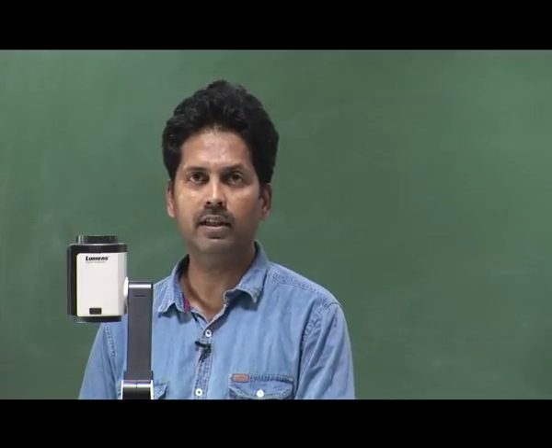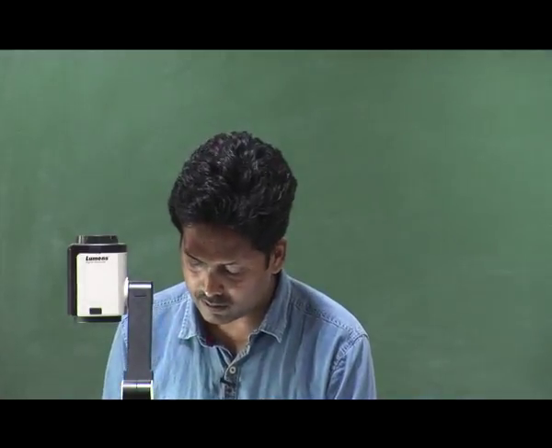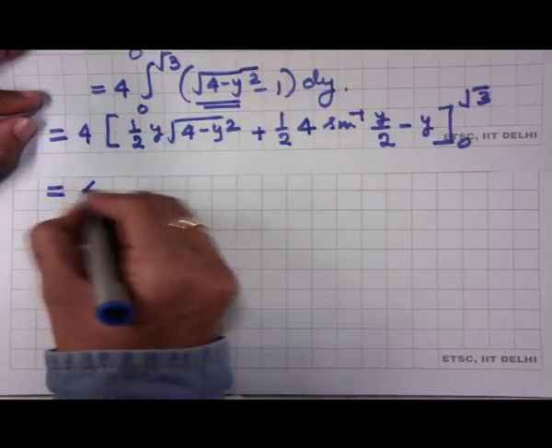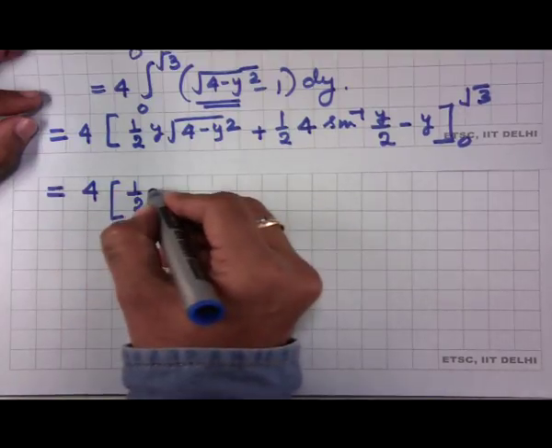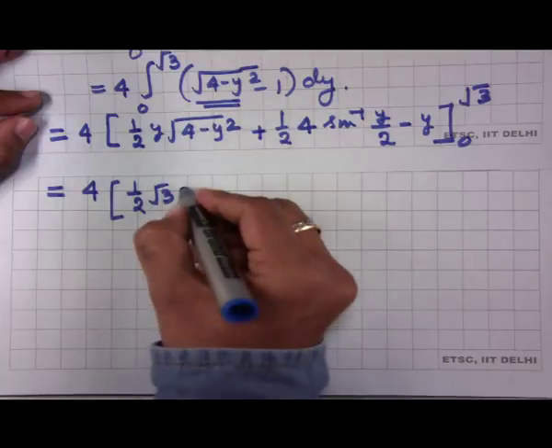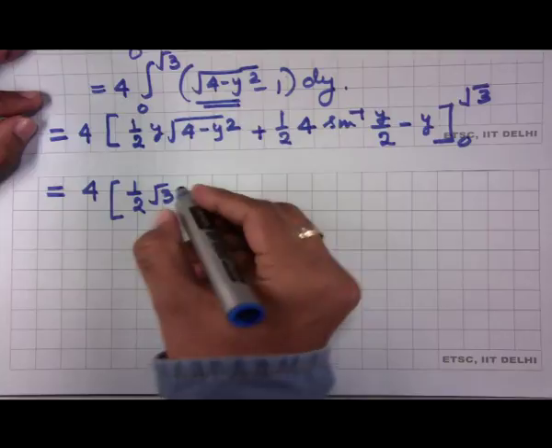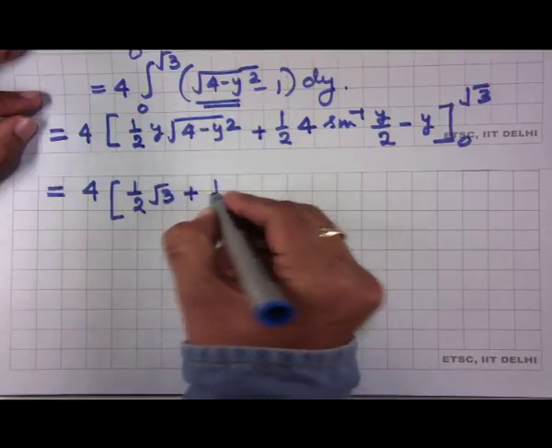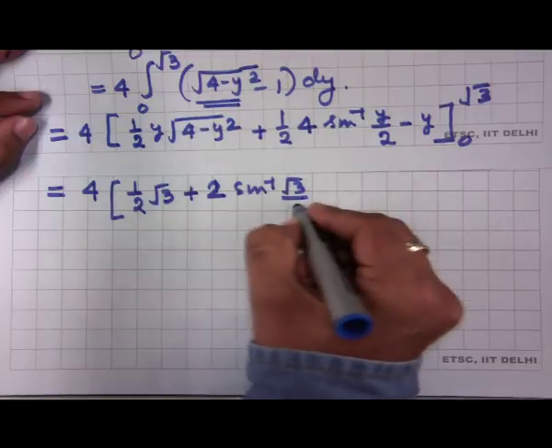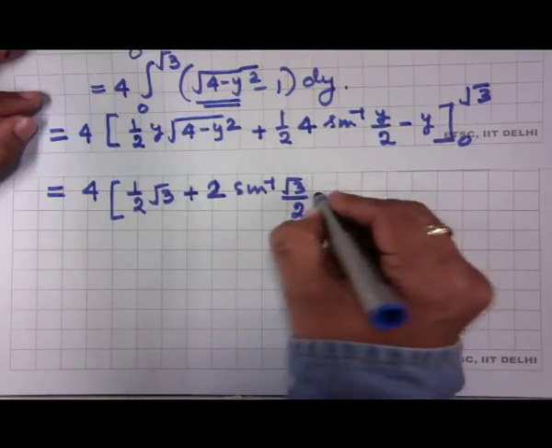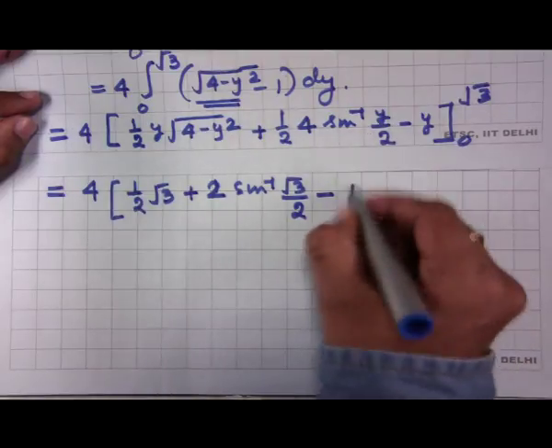Let us evaluate this and get the final answer. So, we get this is equal to 4 times 1 by 2 root 3, and under root 4 minus y square is 1, so you get 1 plus 2 sine inverse root 3 by 2, minus the value at 0, which will be 0.